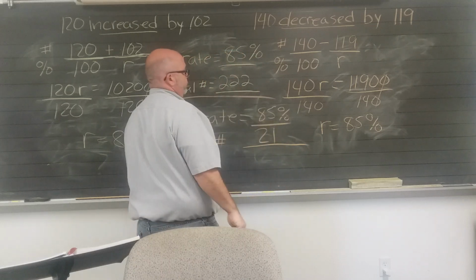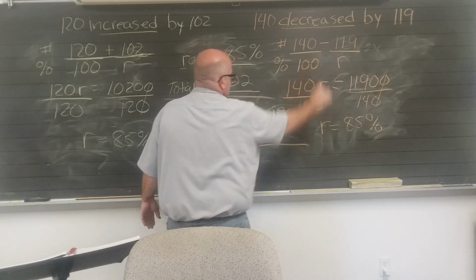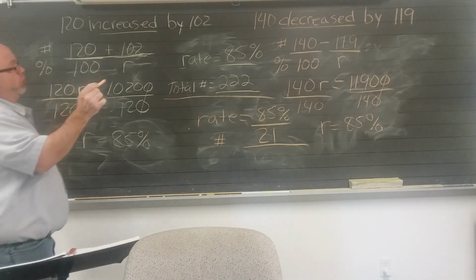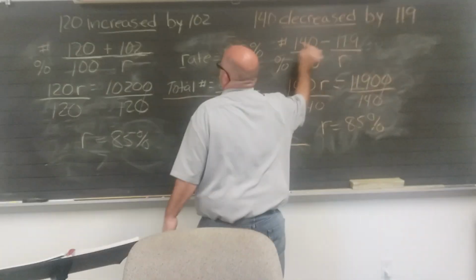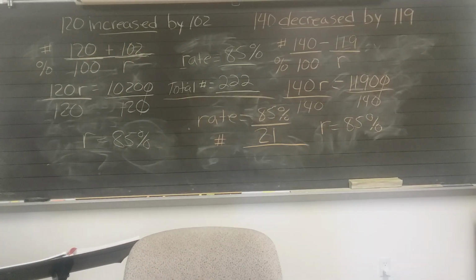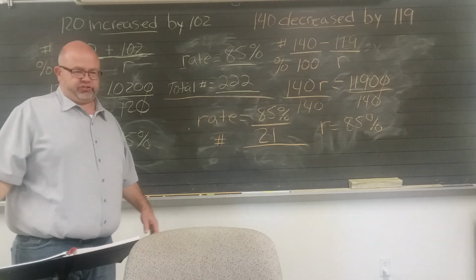So you have two answers. Okay, this color is for that one. 85% decrease. Make sure when it says decrease, you subtract. Increase, you add. That's how you do it. Check that out. And that is lesson 142 for Tuesday, April the 7th.